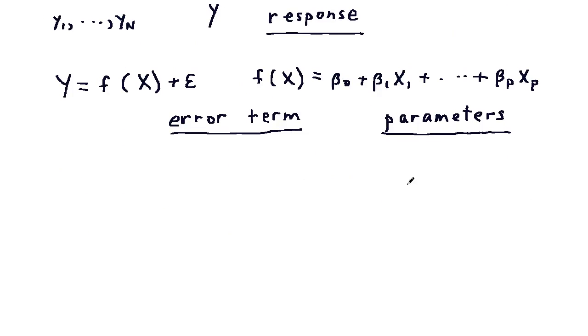Okay, so what we'll do is look at the amount by which the predicted value f of xi differs from the actual value y sub i.